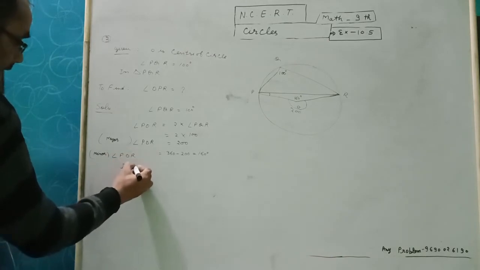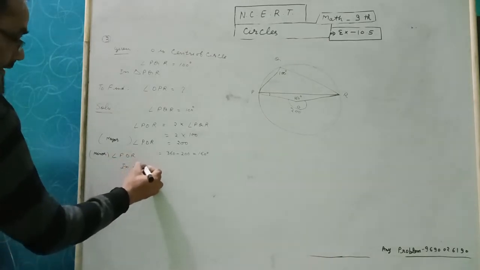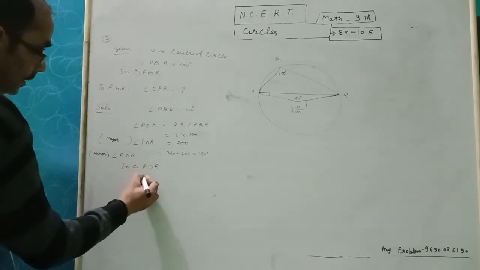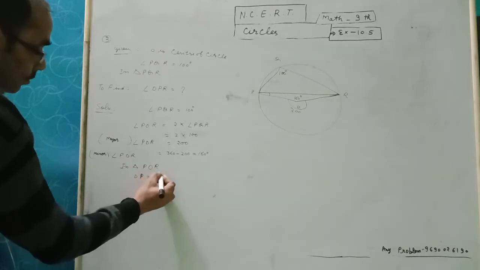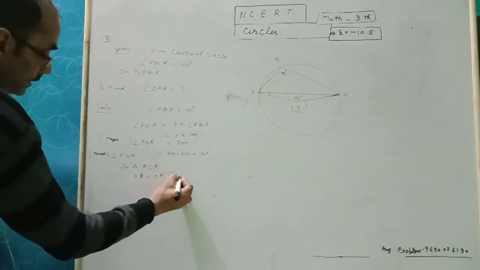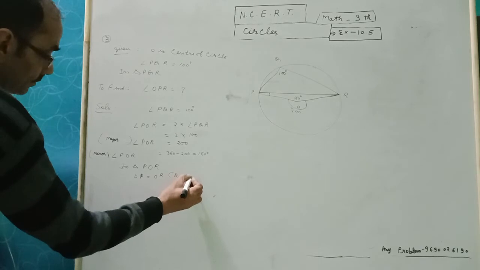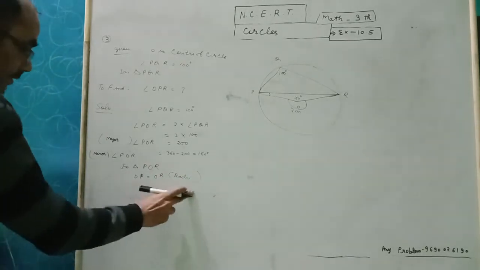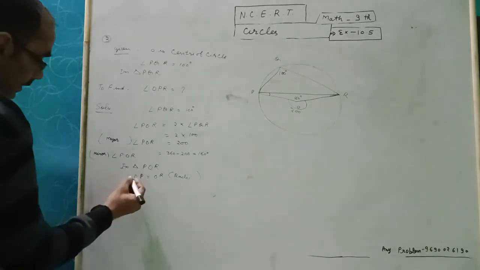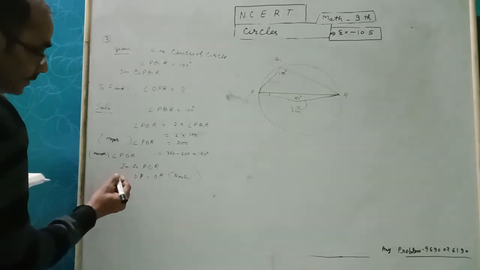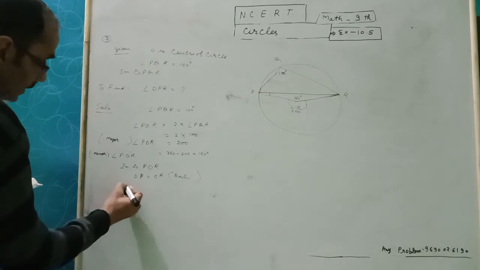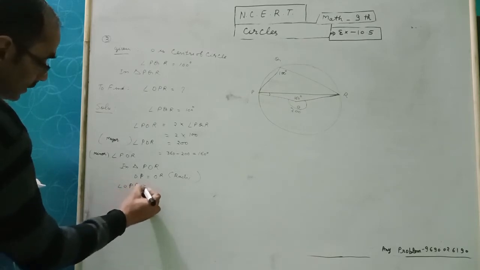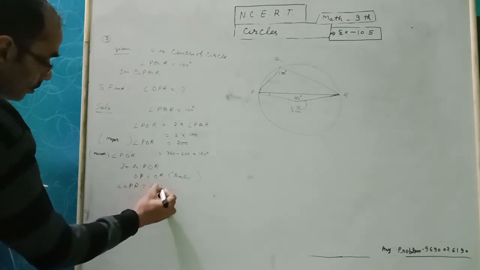In triangle POR, OP is equal to OR, radius of the circle. Triangle POR is an isosceles triangle. Angle OPR is equal to angle ORP.